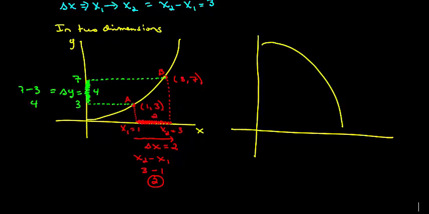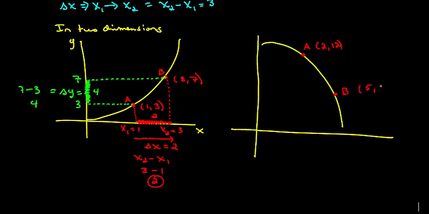So here's another function. Here's our point A. Let's pick another point B. Let's give A some coordinates. We'll say 2, 12. And B some coordinates, 5, 6.